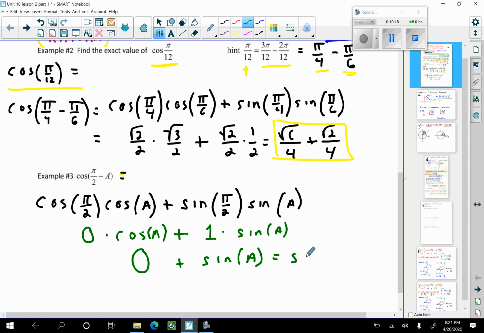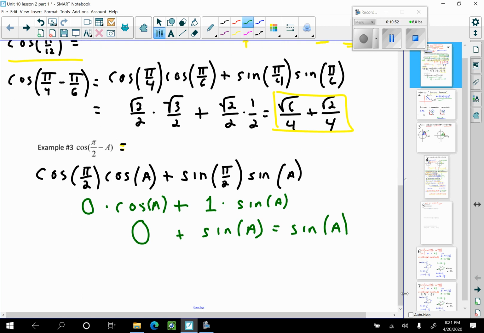That's the sine of A. And we've talked about this identity before, last unit, but this is just another little verification. If I have the cosine of 90 degrees, or pi over 2 minus A, ladies and gentlemen, that's just the sine of A. And now I can use the difference formula for cosine to show that.